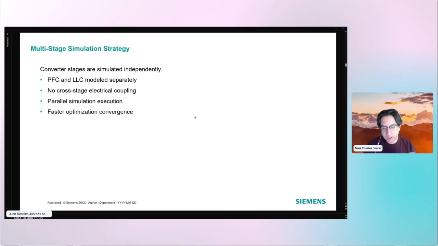So yeah, now talking about how we are simulating all of this. I'm talking about the electrical part. These stages, the PFC and the DC-DC stage, are going to be simulated independently. There is no cross-stage electrical coupling.